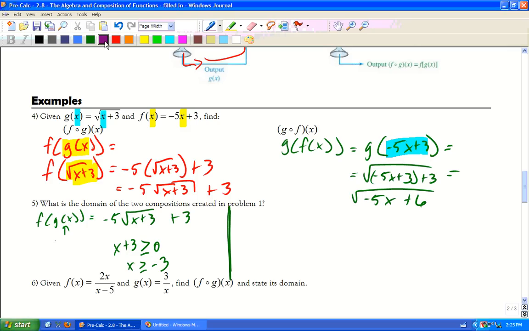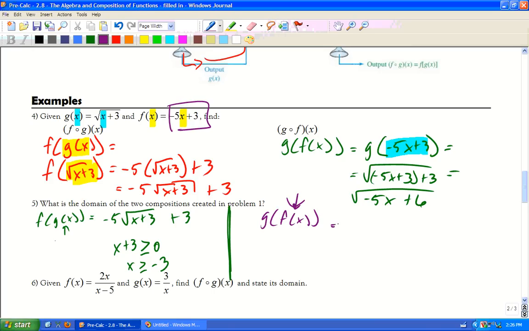Looking at g of f of x, when we start, we have to realize what is our possible input for g of x. Again, the domain for f of x is all real numbers. That's coming from the negative 5x plus 3, which means we can input anything into our g of x.